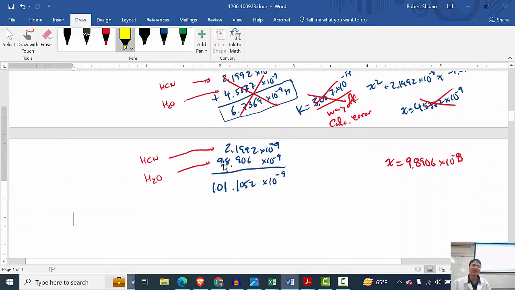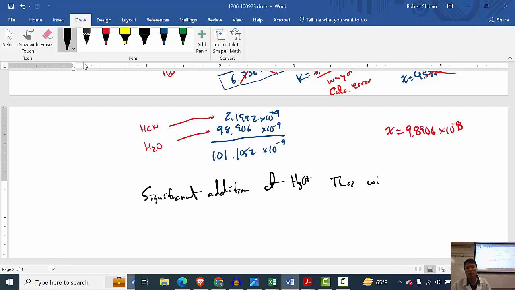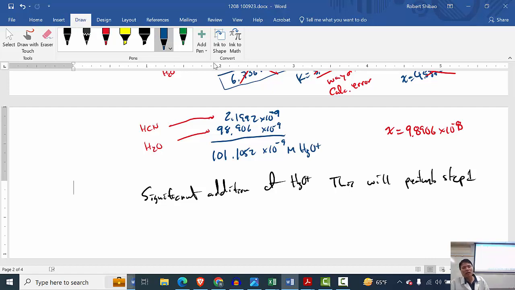This was a significant addition of hydronium. This will perturb step 1. So if we go back to step 1, plug this in for the hydronium and do a Le Chatelier's type calculation, we can fix it.